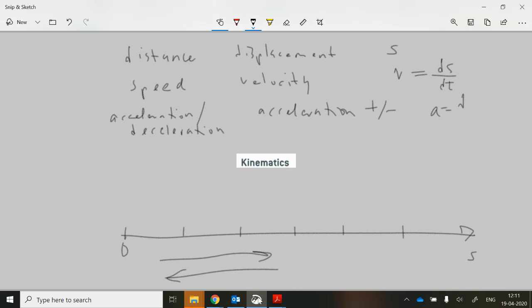So that's your dv dt. So it's how your velocity is changing with respect to time. Now, again, normally, if we wanted the average acceleration, we'd do the change in the velocity divided by the time period. But here we're being more precise by looking at curves, by taking the derivative. That, of course, is the second derivative here. So that's d squared s over dt squared. So that's the same thing as differentiating this another time.